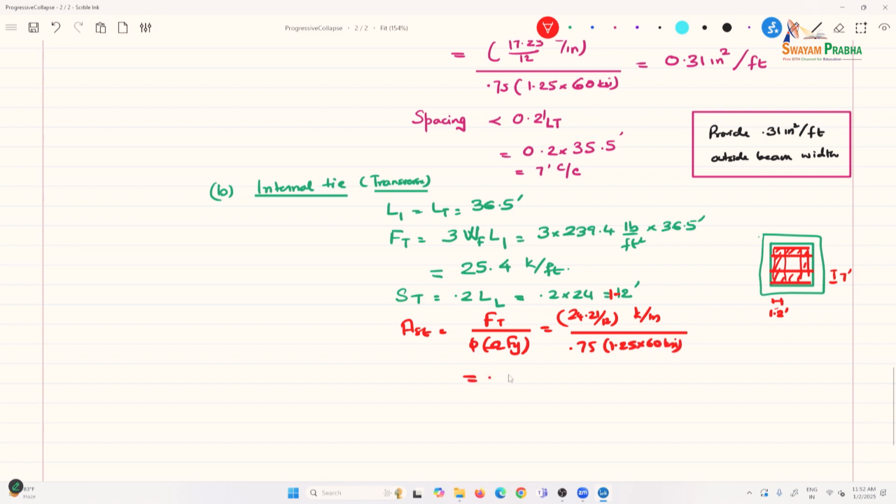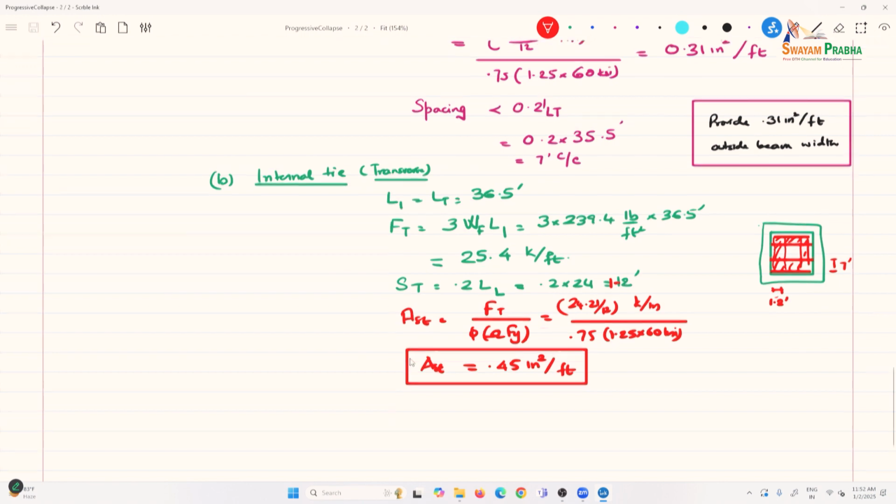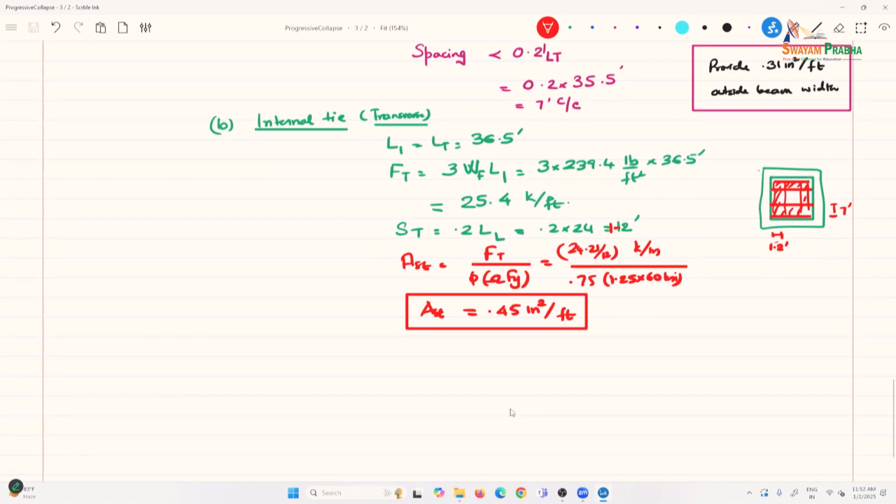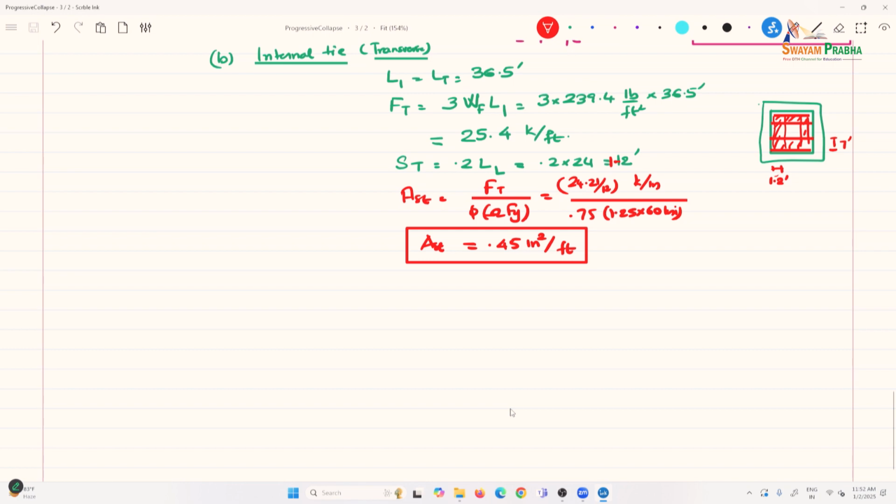So, AST is 0.45. There is more steel basically because the span is 36.5 as opposed to 24.